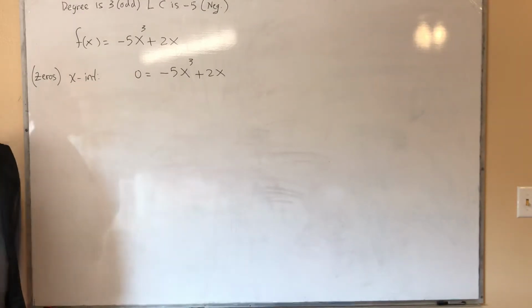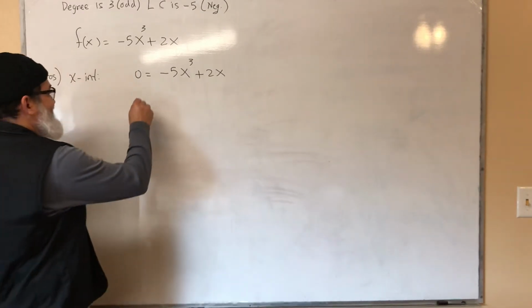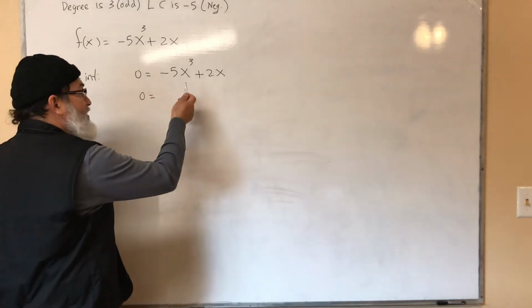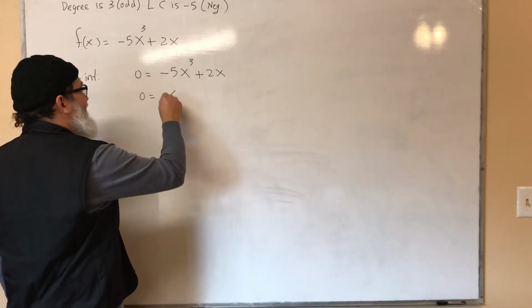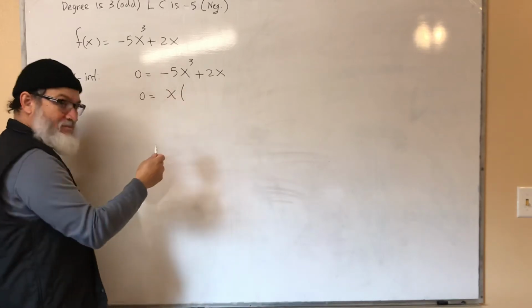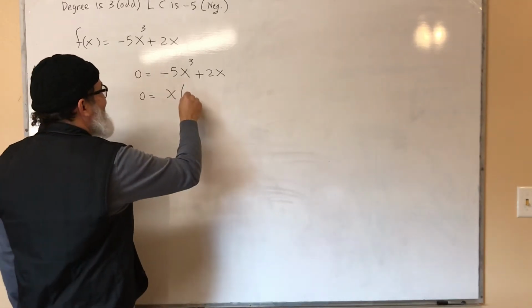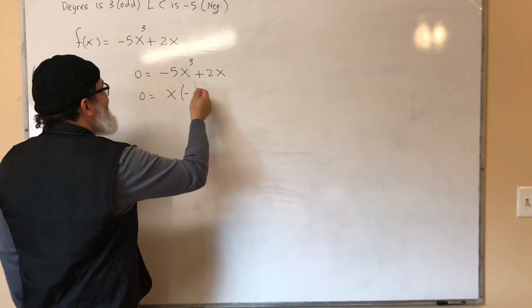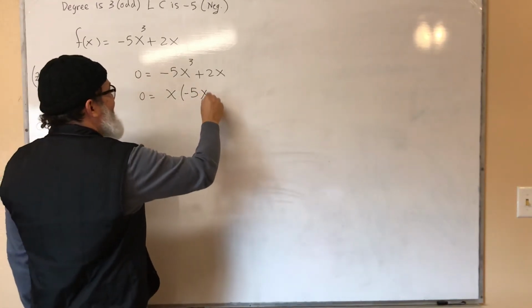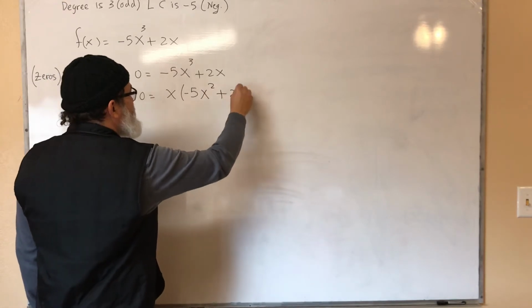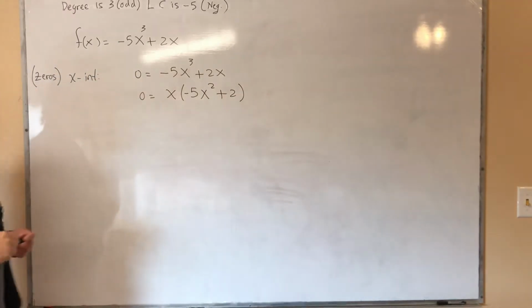Let's solve this equation. 0 equals, let's factor out an x. x times negative 5x squared plus 2. You can also factor out a negative.